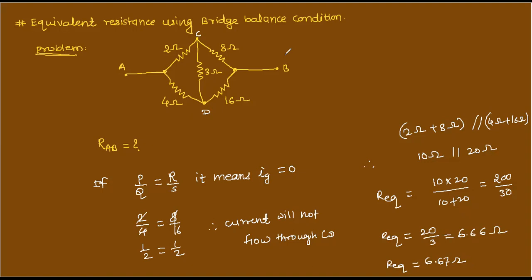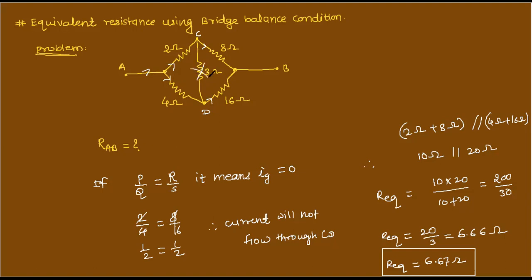Is that clear? So like this they also ask you about the bridge balance condition, and you have to decide which branch to cut by applying it. If this is equal to this, then current will not flow through the CD branch, so it is an open circuit and this is not there. Then the current will flow directly like this and like this.